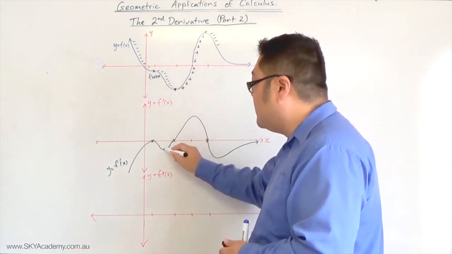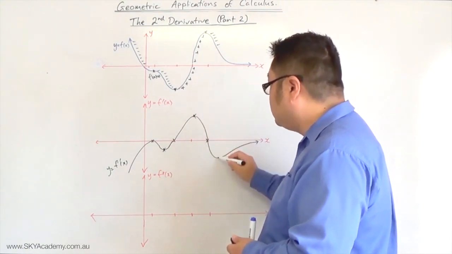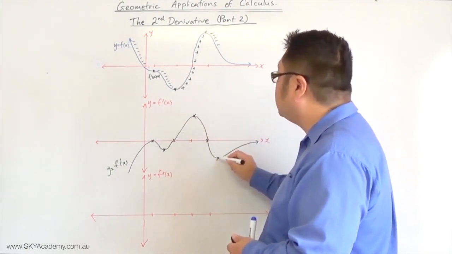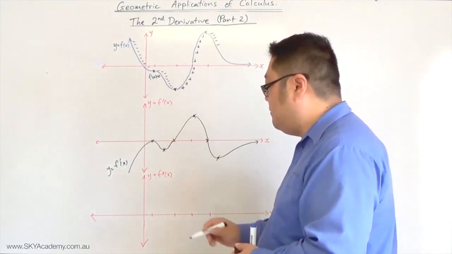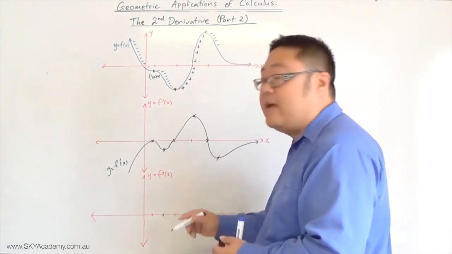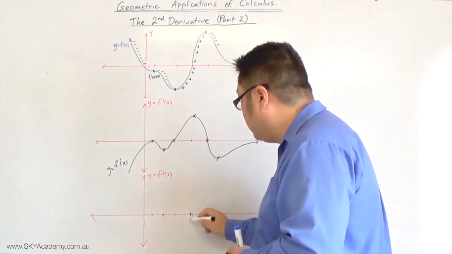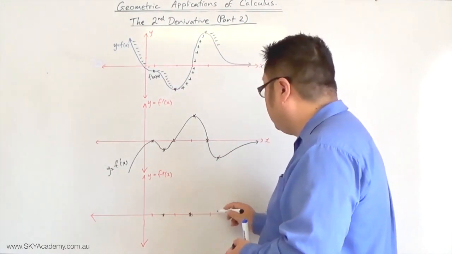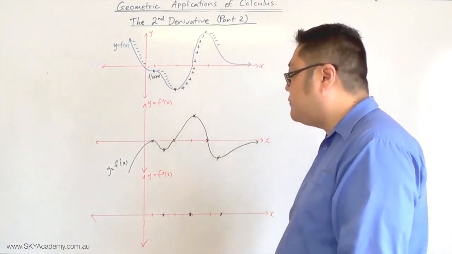So there's a stationary point there, there's a stationary point there, and there's what looks like being a stationary point somewhere here. Okay. So our new stationary points, so our new zeros for the second derivative function will be there, there, and probably roughly around there, right?